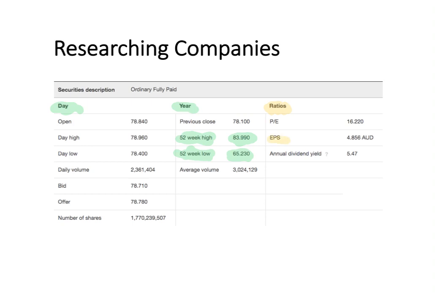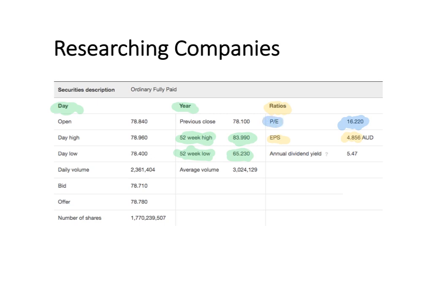So the earnings per share is $4.85. So this means last year, for every share that the company had on issue, that share earned $4.85. Now, based on that earnings per share of $4.85, we know the company is currently trading at a multiple of 16.22 times that earnings per share.